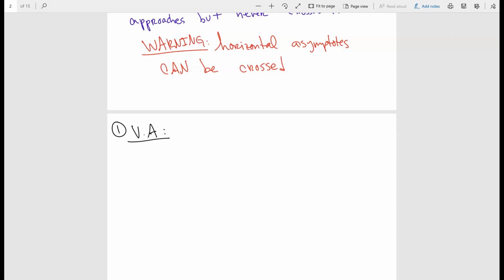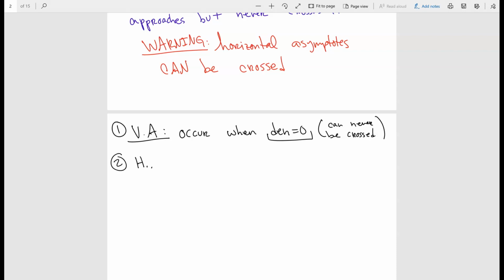So here the vertical asymptote will occur when the denominator is equal to 0. This one can never be crossed. The way you find it is to set the denominator equal to 0 and you'll have your vertical asymptotes.